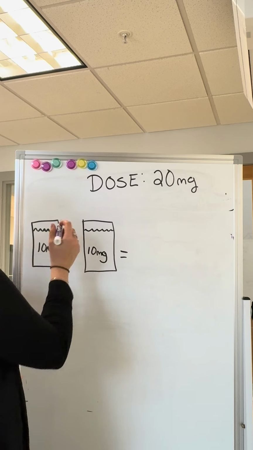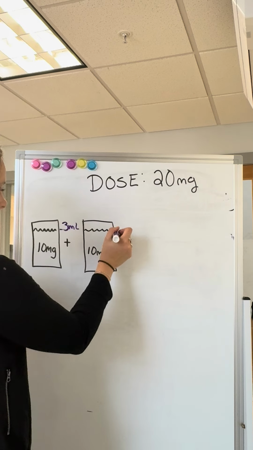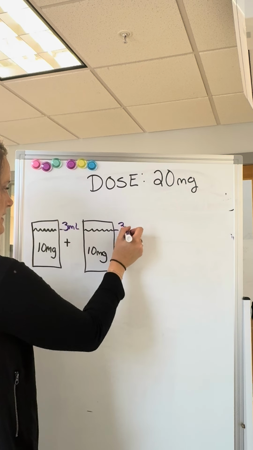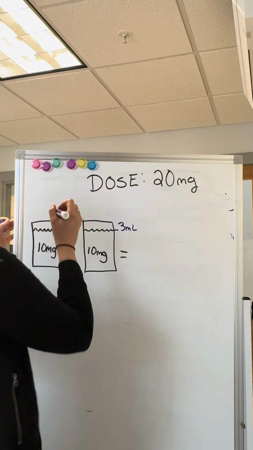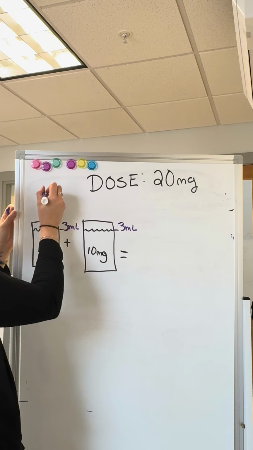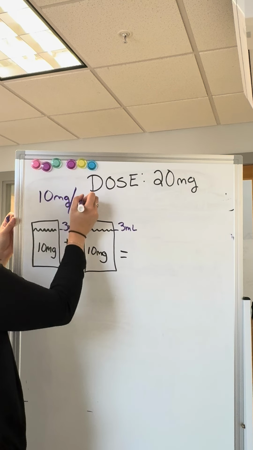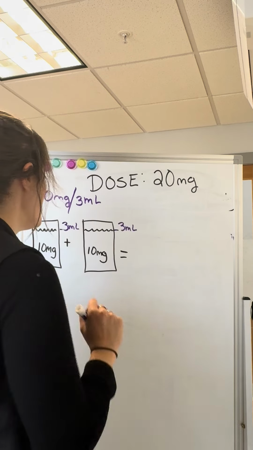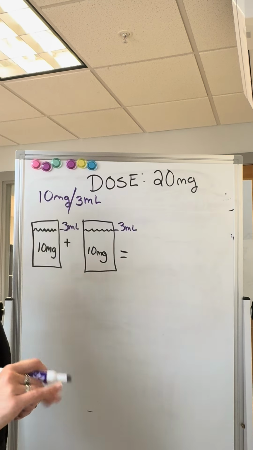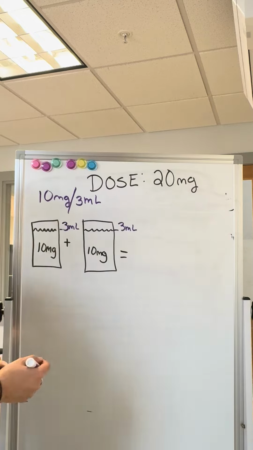So we're just going to say that this is 3 milliliters, and this liquid is also 3 milliliters. So the strength for this right here, how it would be written, would be 10 milligrams / 3 ml.